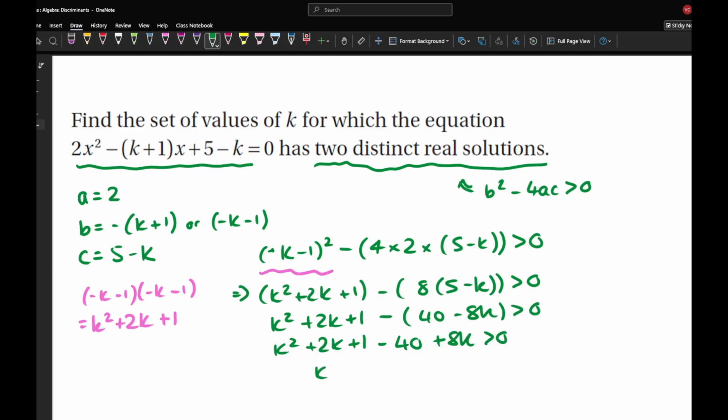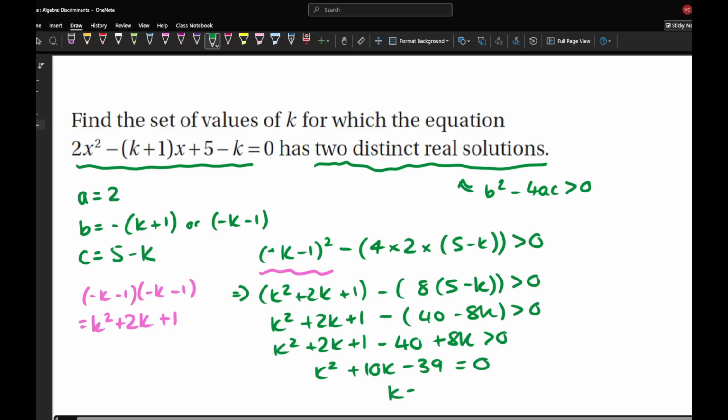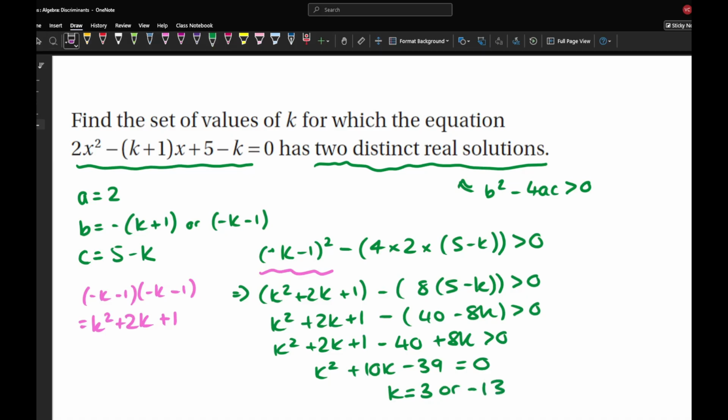Then simplifying all of that, k squared plus 10k minus 39 equals 0. Then going on to solve this, we get a k value of 3 or minus 13, in which I just spotted a mistake, that should be greater than.